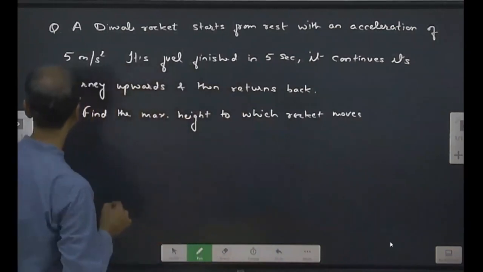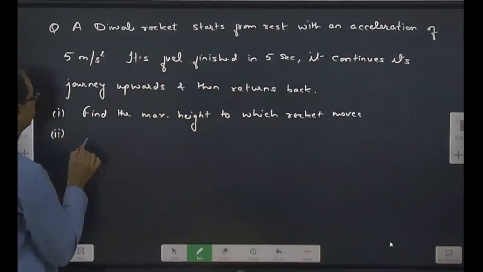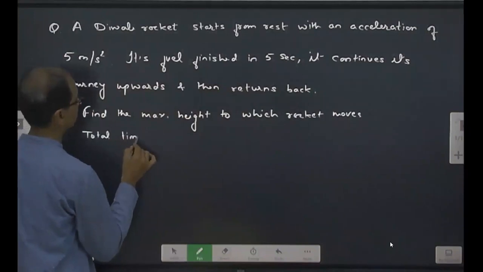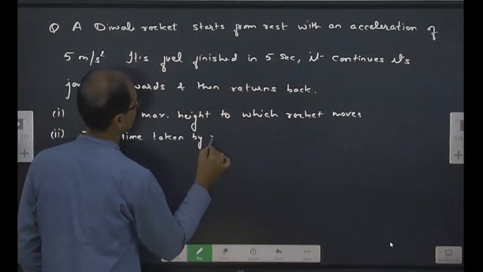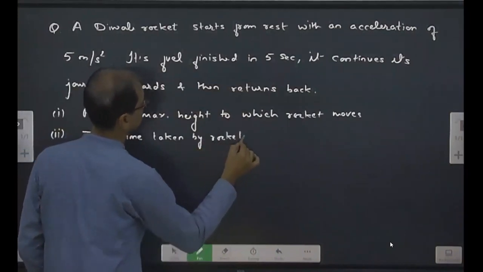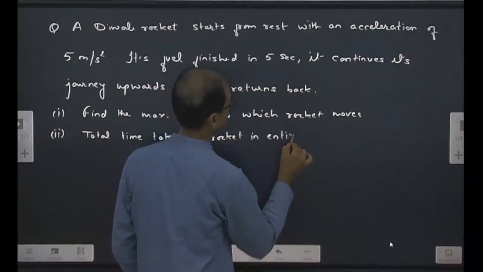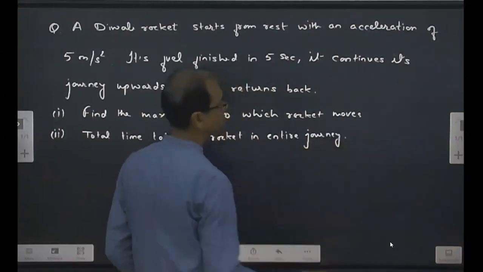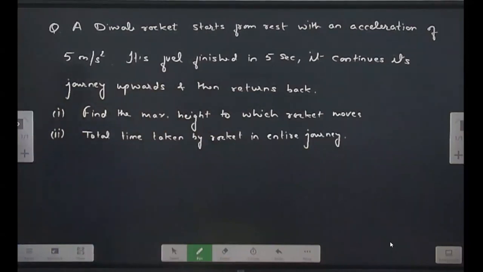Second, total time taken by the rocket in the entire journey. Something like this, 2 questions are there. So note these questions and then we'll discuss how to solve it through the graphical method.